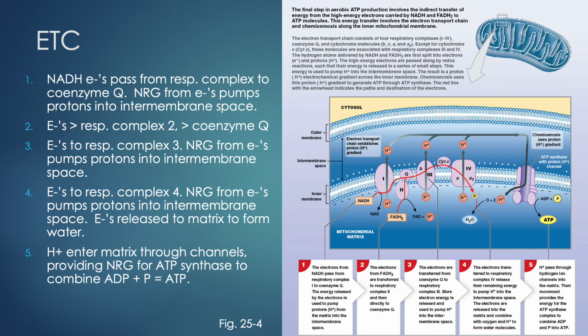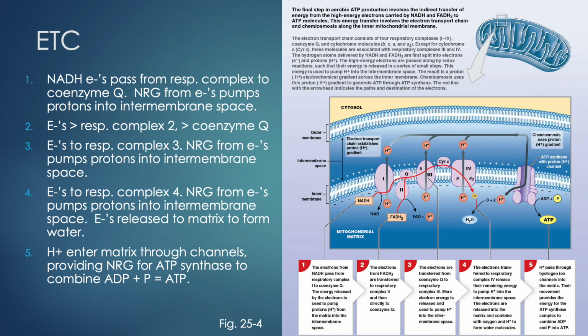Figure 25.4 in your text goes into detail about the electron transport chain, but on the left are my quick notes of how to summarize what's happening in this process. So again, the electron transport chain is occurring in the inner mitochondrial membrane through an aerobic process, and let's start. So NADH is going to pass electrons from the respiratory complex to coenzyme Q. Now, energy from the electrons is going to be able to pump the protons into the intermembrane space.